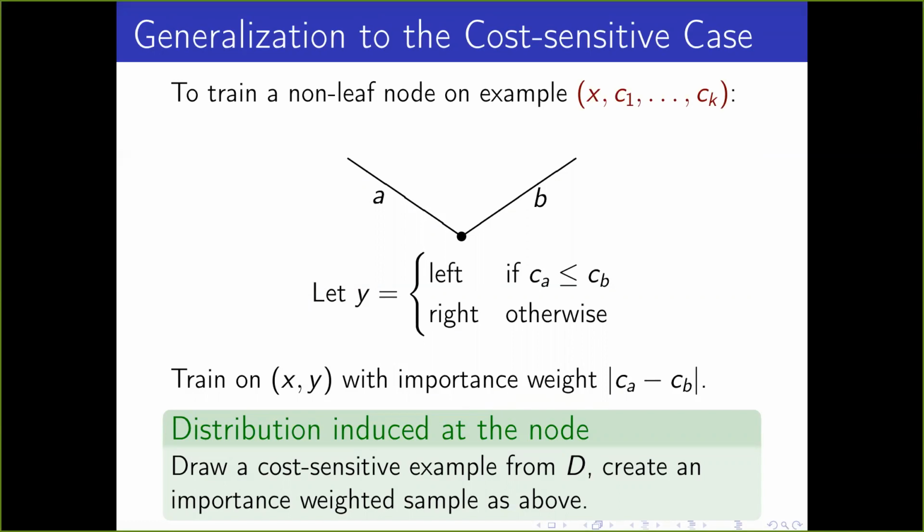Okay, so are there questions about how you do the training in the tree now? Your comment now does apply fully, in the sense that for every node where the cost of the two labels incident on that node is different, you actually create a non-trivial example.